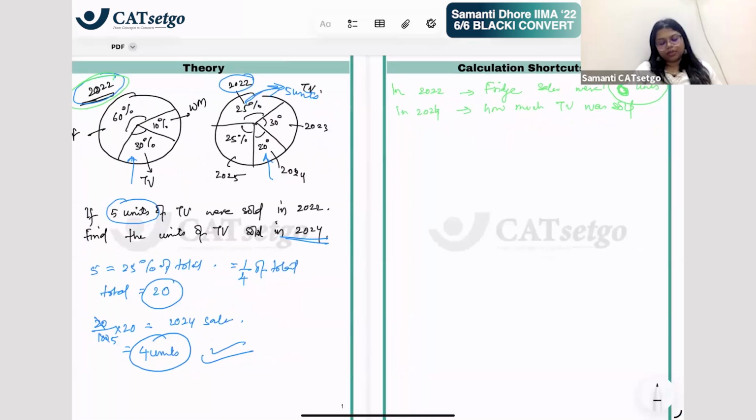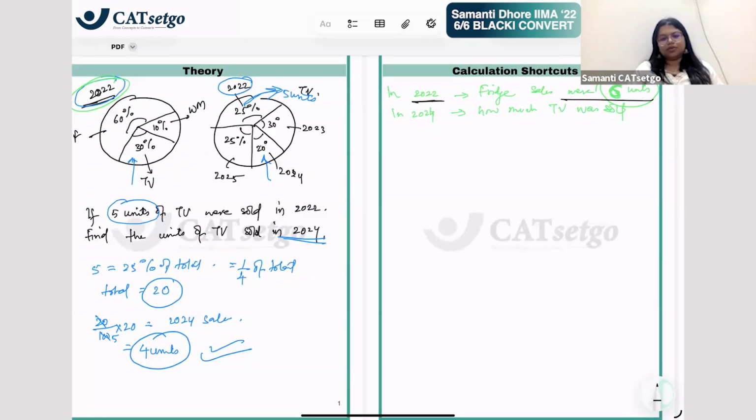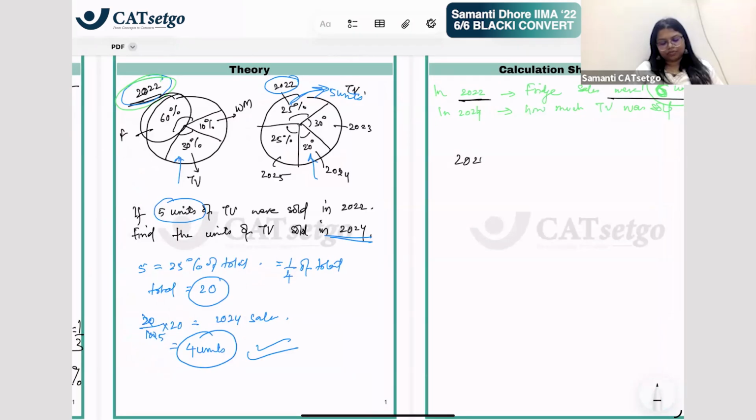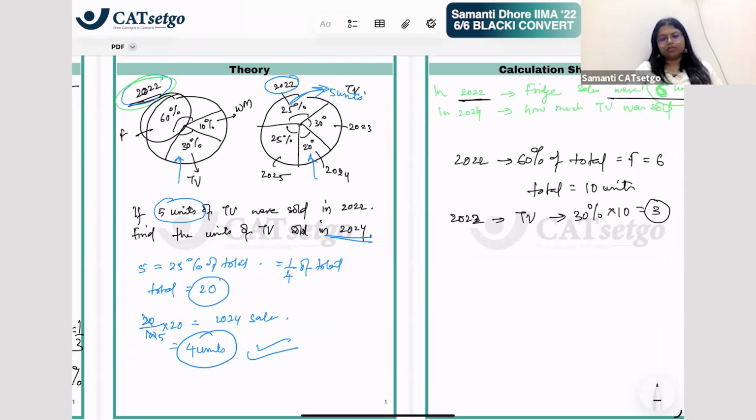So how it's going to work is in 2022, fridge sales were 6 units, right? So 60% in 2022, 60% of total is fridge, which is 6 units. So total is 10 units then. So then 2022 में TV कितना sell हुआ? 30% of total, that is 3 units.